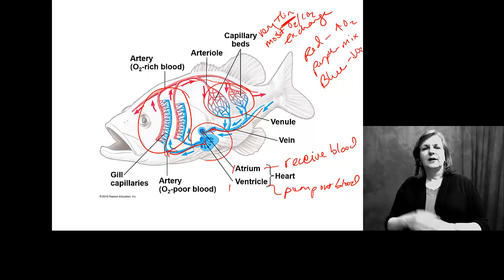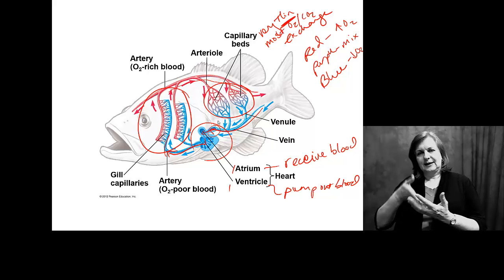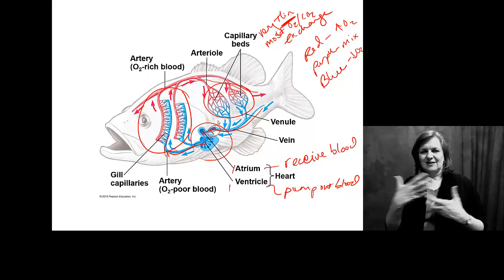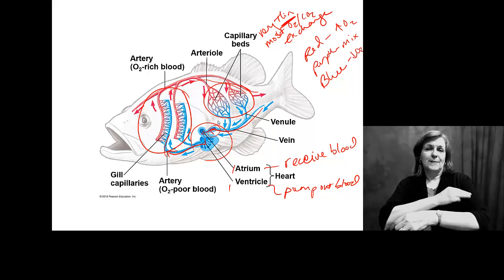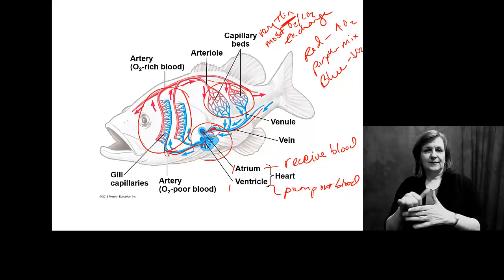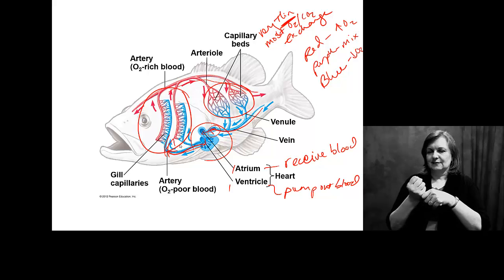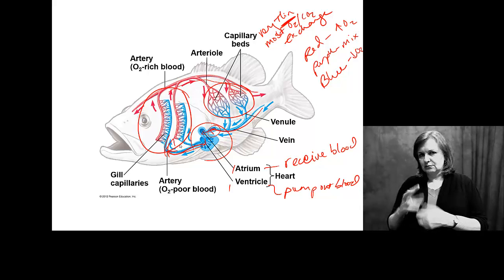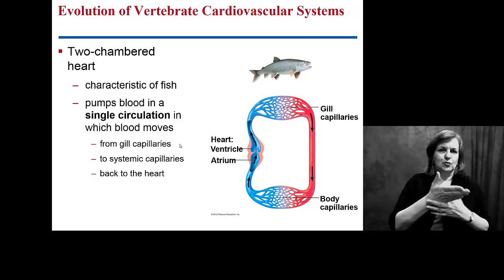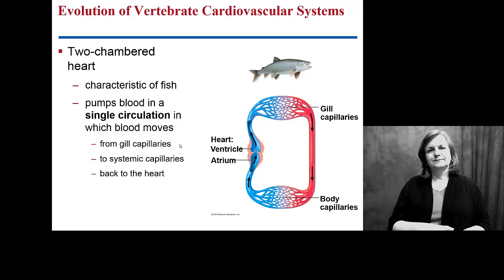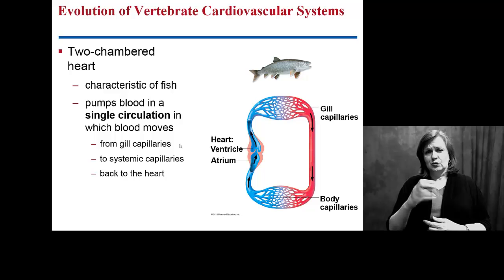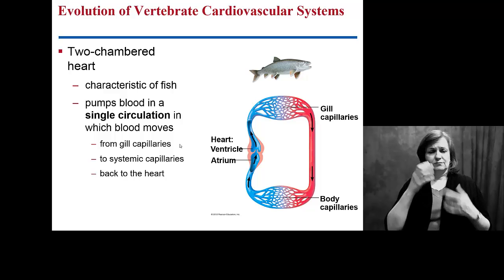When we come back through to the heart, at this point we have very little oxygen left. The fish muscles and tissues have used up most of it. So the heart is going to work on pumping that blood back across the gills and start all over again. This two-chambered heart works fine for them as far as this exchange system because of the gills.